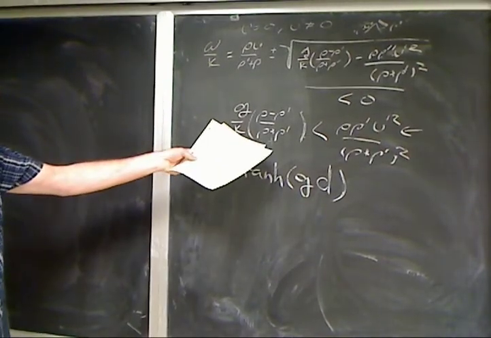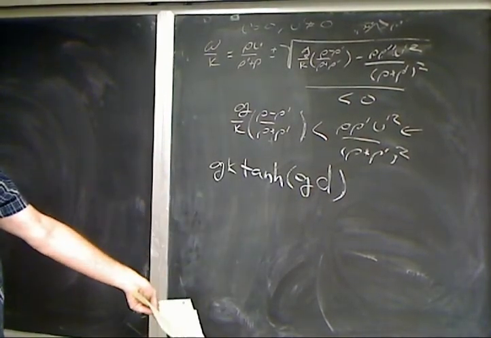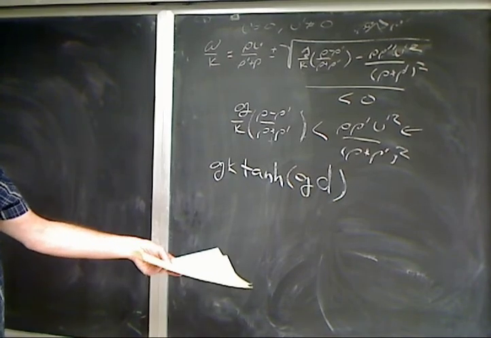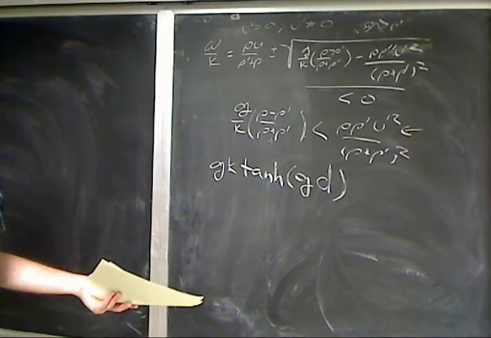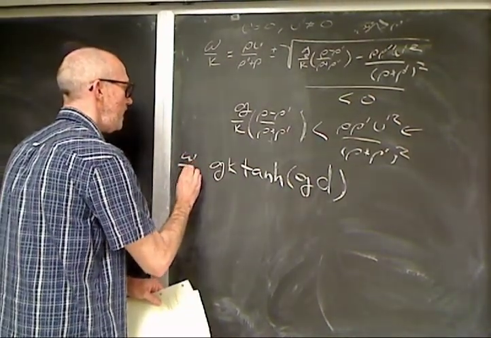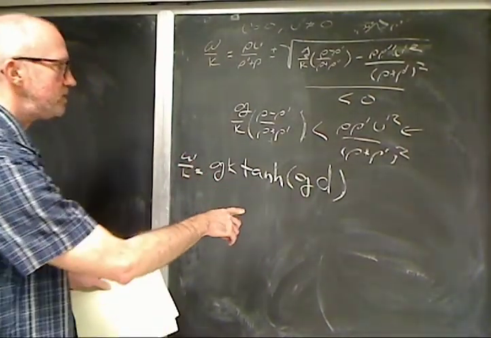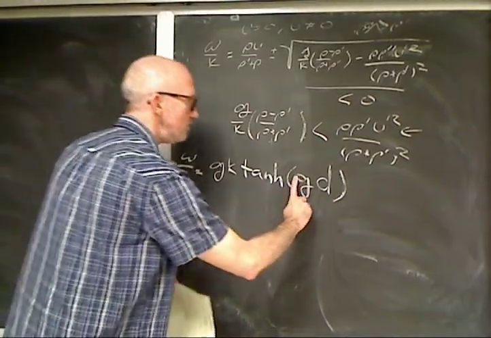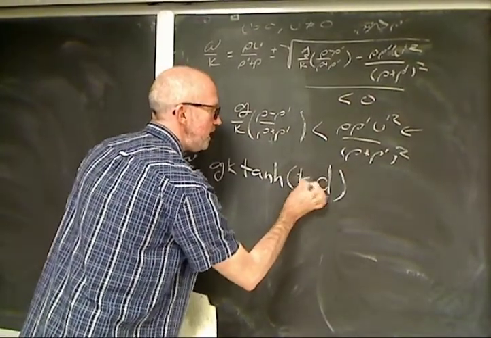I did this once with an actual floor to get what gravity waves look like if there's a bottom to the ocean. And what we found was omega over k equals g times k times the hyperbolic tangent of k times d.